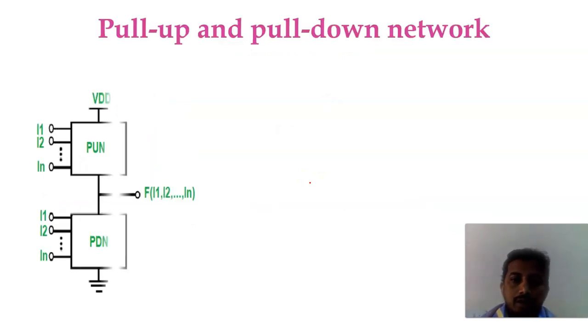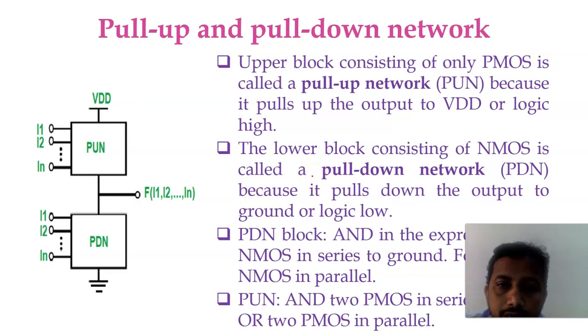One thing you need to remember is that for pull up and pull down networks, you will have a pull up network with VDD over here.